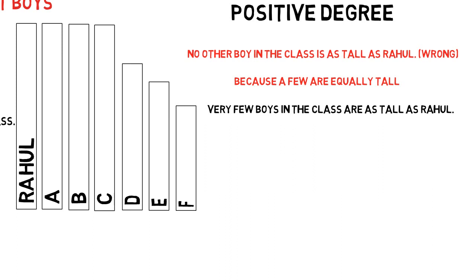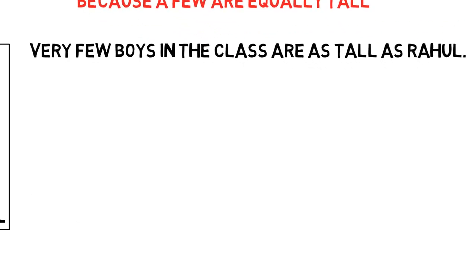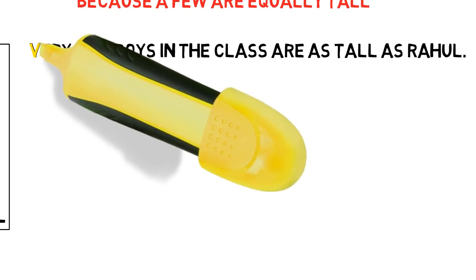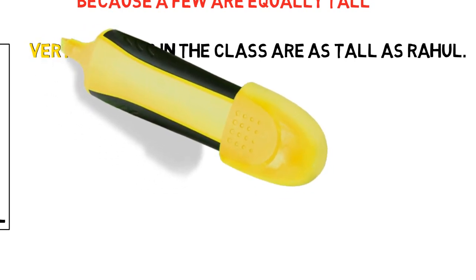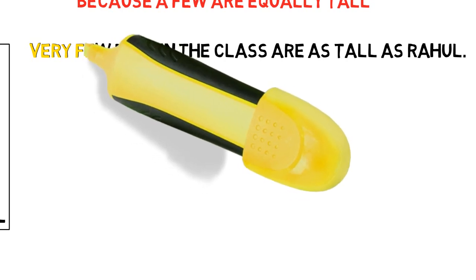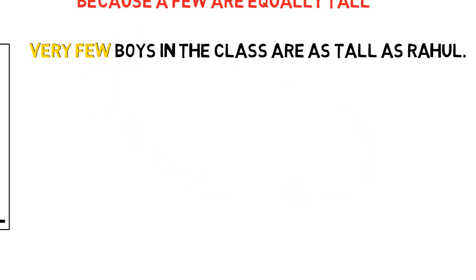But in the positive degree, no other boy in the class is as tall as Rahul is in the previous one. Here it is very few boys in the class are as tall as Rahul. So I hope the change is clear for you.